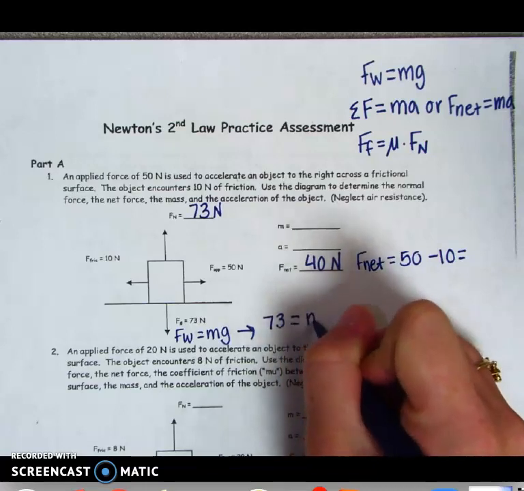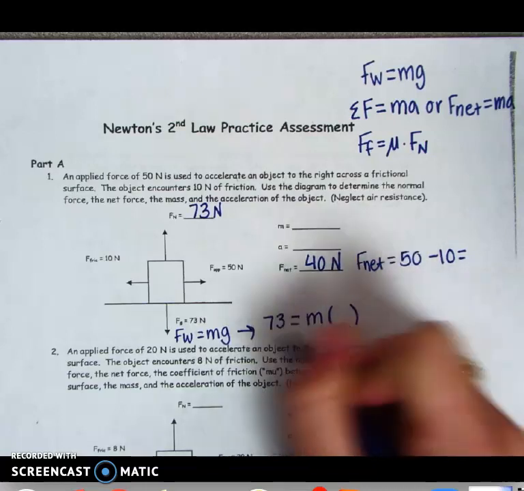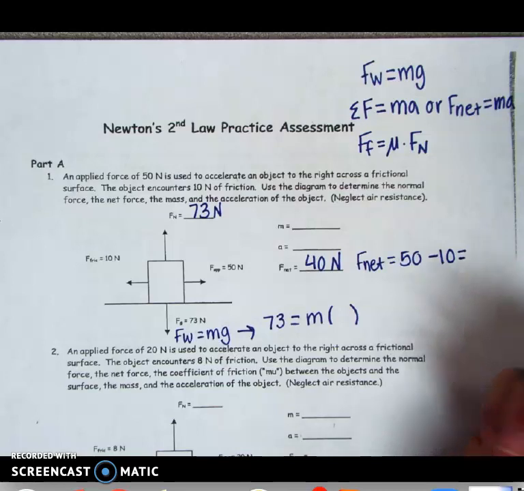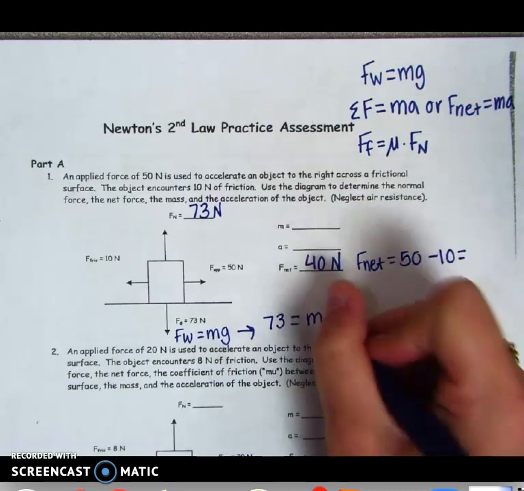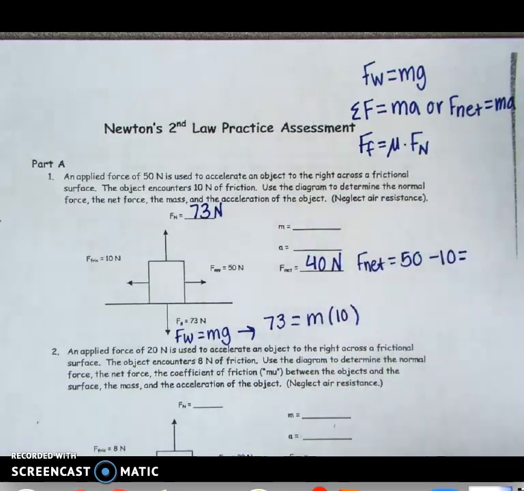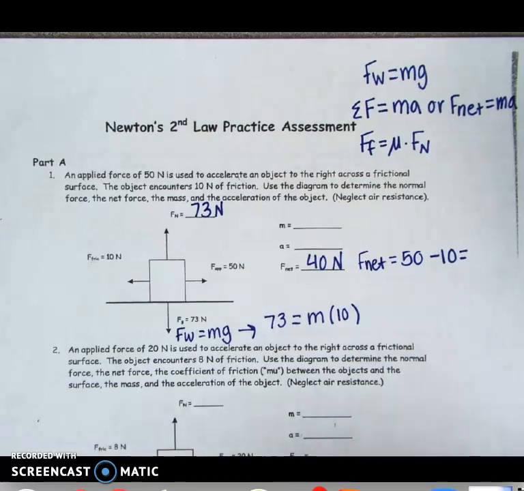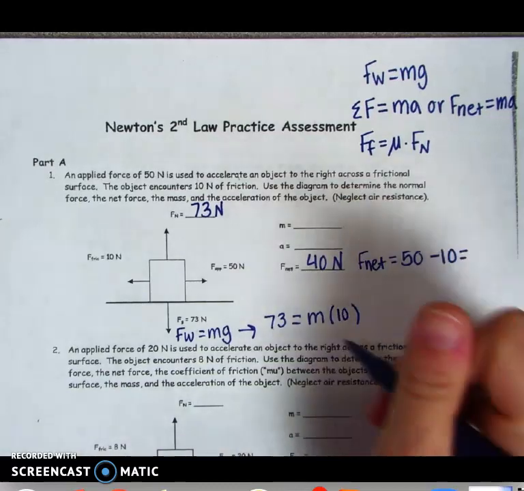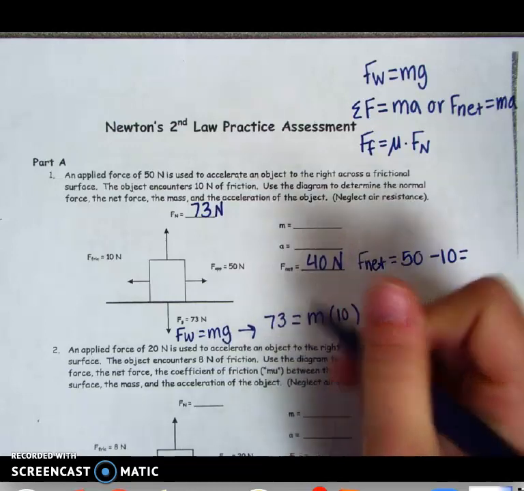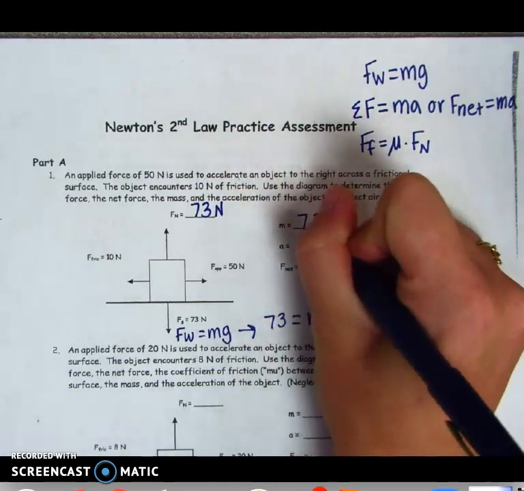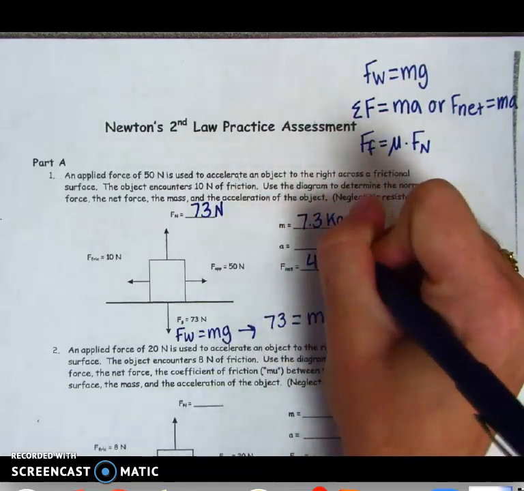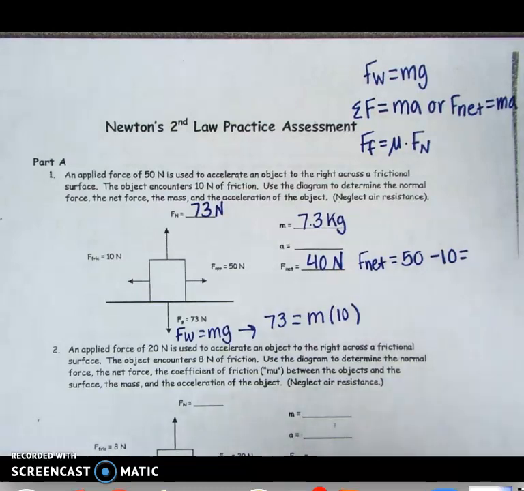We're looking for mass, and we know gravity is 9.8, or we're going to round it up to 10 just to make calculations a little easier. And so then all we have to do is solve for m. We're going to divide both sides by 10. So we're going to end up with a mass of 7.3 kilograms, because remember, we measure mass in kilograms.